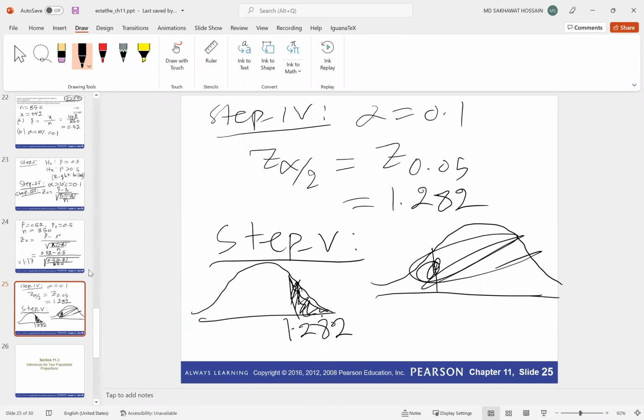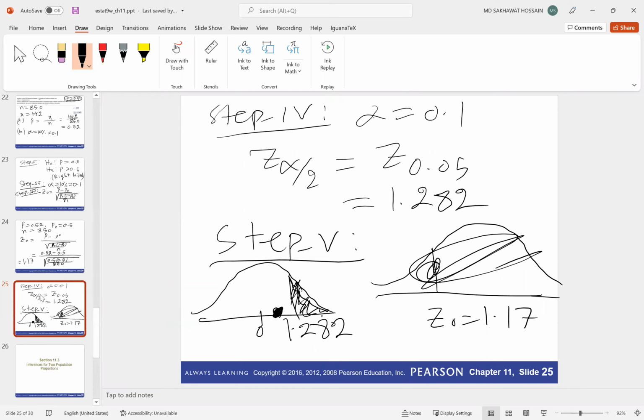So what was our Z observed? Z observed was 1.17. So 1.17 is somewhere on the left of this one, right? Somewhere here. This is 0. So that means the test statistic falls in the non-rejection region. It doesn't fall in the rejection region.